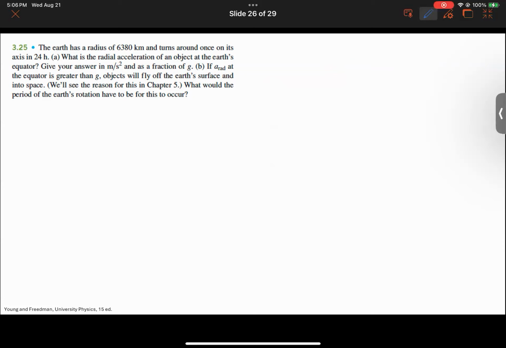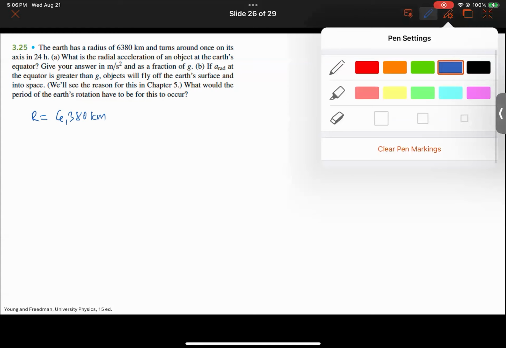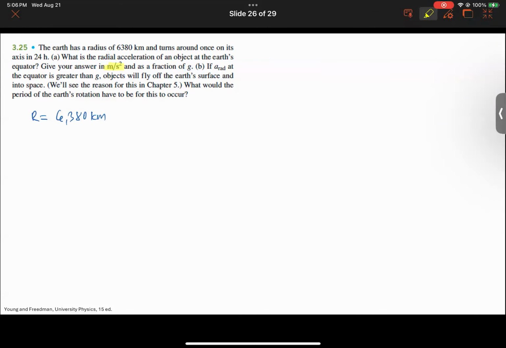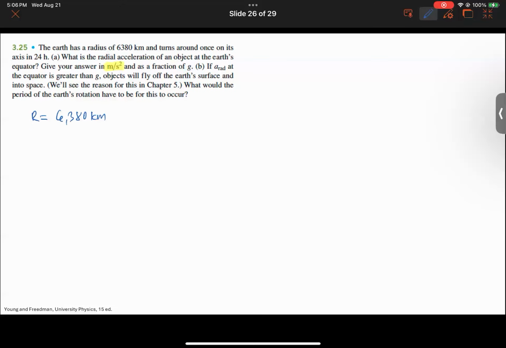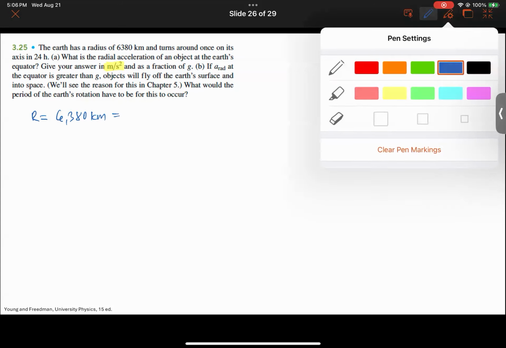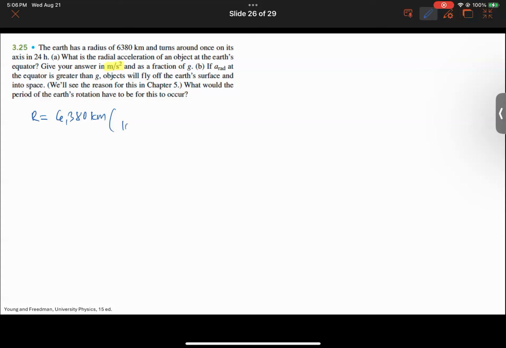Start with what you know. Ang radius ng Earth is 6,380 kilometers. Now, look at what is required: the answer must be in meters per second squared, so you have to convert this to meters. 1 kilometer is 1,000 meters, diba?